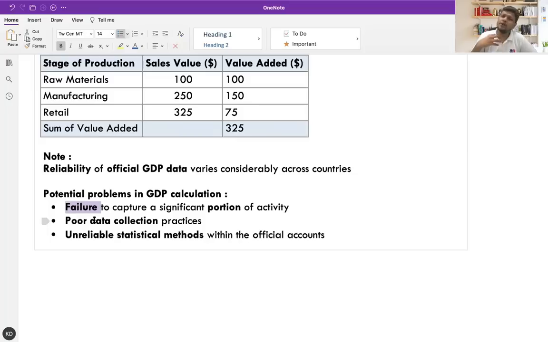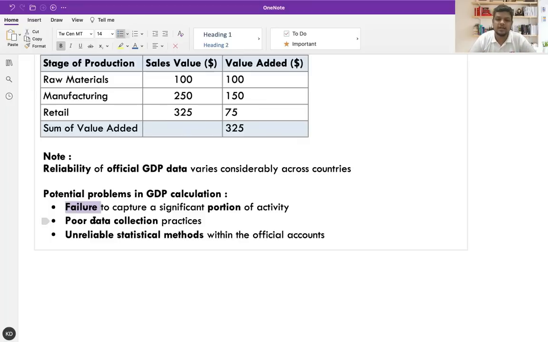And then even if you have all the data, what statistical methods you apply also becomes an issue, because the way GDP is calculated is not consistent across the economy. So first, there is a problem to get the data. Second, the data collection practices are not reliable. And third, the statistical methods you apply are also not reliable, even if everything else is okay.